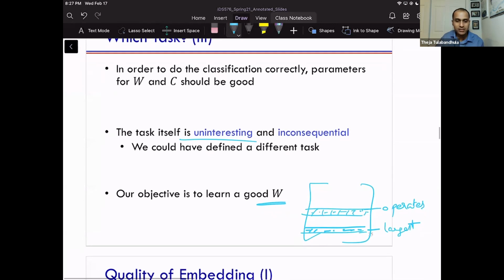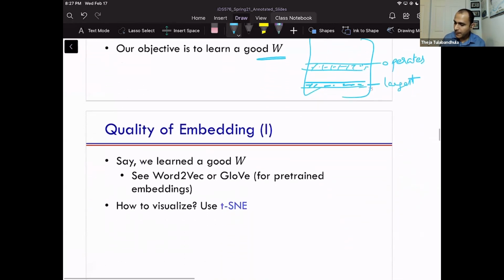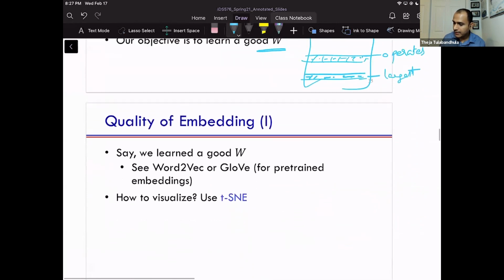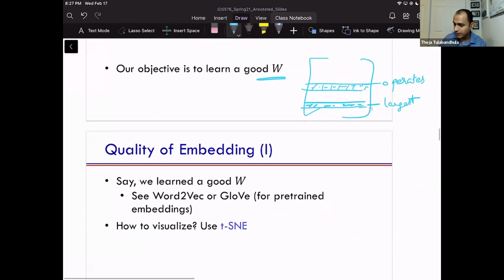So you can think of W as really a matrix, with every row corresponding to a word. And this is basically the idea behind learning good embeddings. Some of the well-known embeddings are somewhat old now, 5 years old or more, and this is how they are learned.